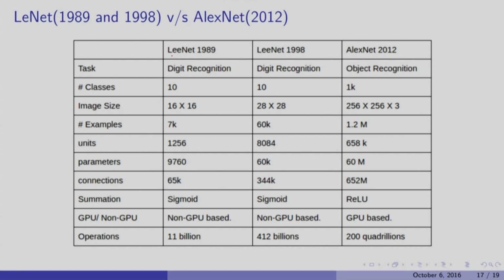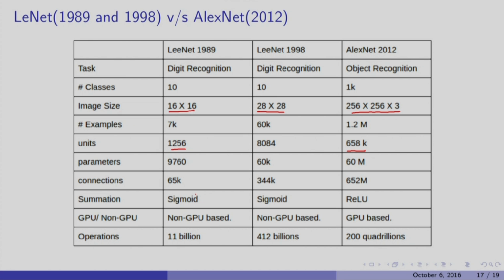One can see the change in this table. The ability to deal with 16 by 16 images in 1989 grew to 28 by 28 images in 1998, and in 2012 it's much larger. The number of units that these networks have has also grown by very large factors, practically orders of magnitude.